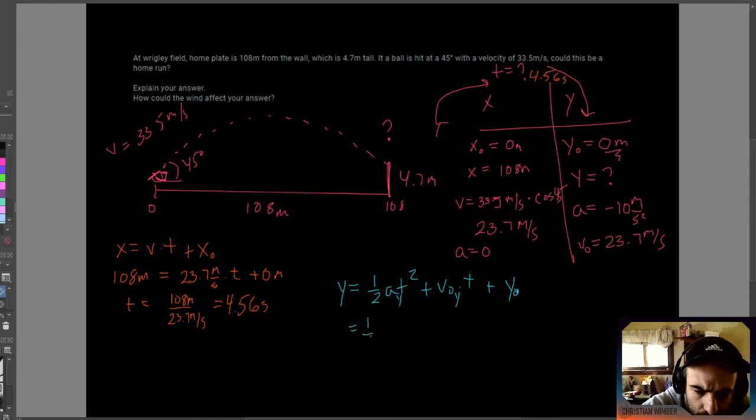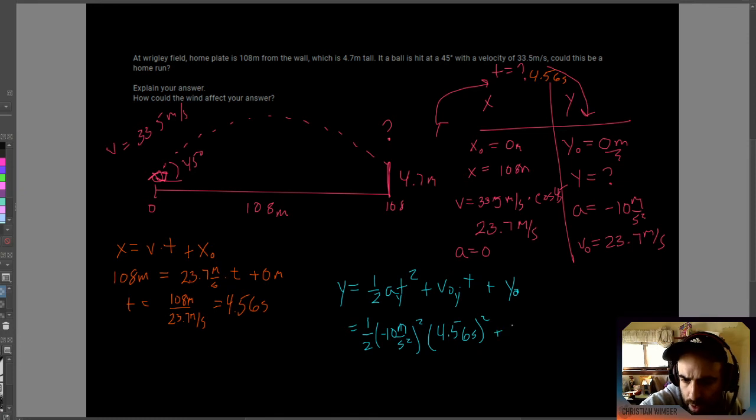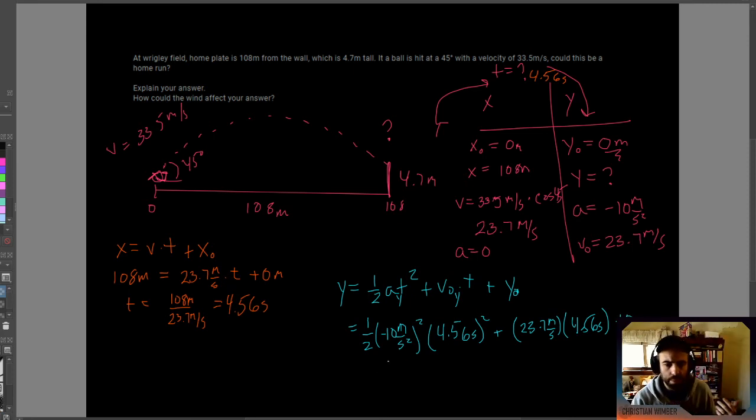So that'll be 1/2 times -10 meters per second squared, times 4.56 seconds squared, plus 23.7 meters per second, times 4.56 seconds, plus 0 meters. This should tell me how high I am above the wall.